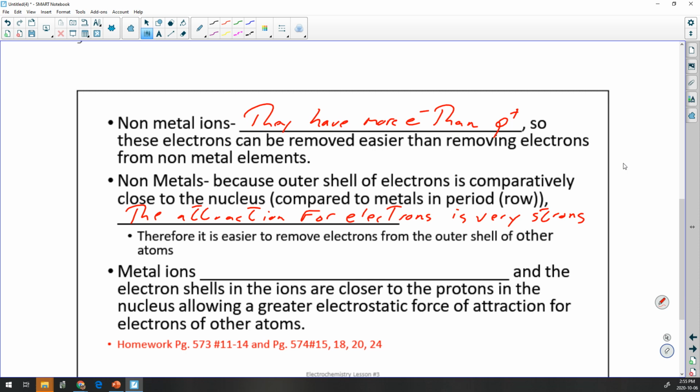And metal ions have space to fill. So you have more protons than electrons. There's space to fill to get back to their elemental form. And because there's more protons than electrons, they have an attraction for electrons that are floating freely.